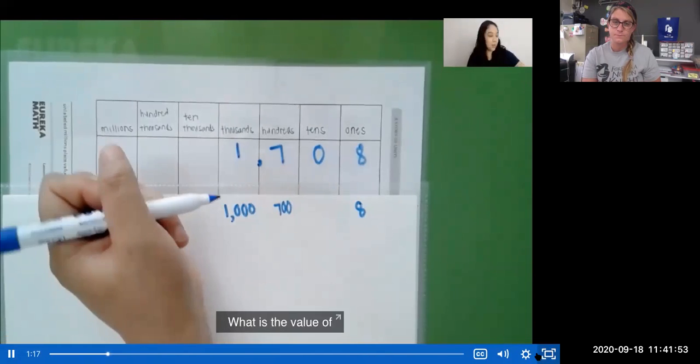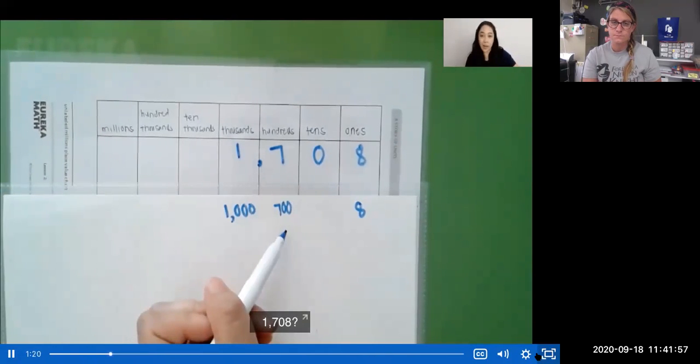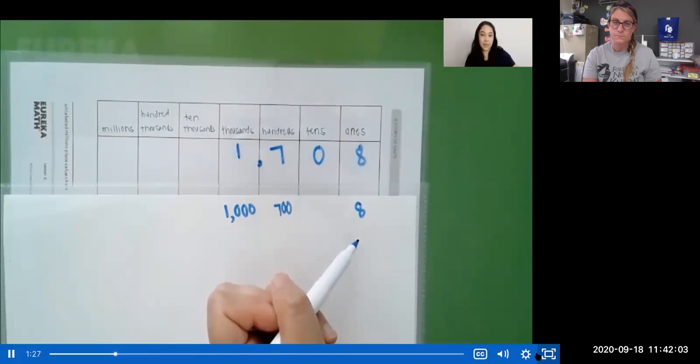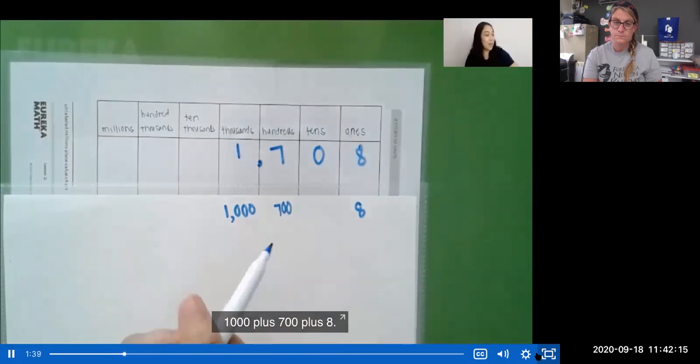What is the value of 1,708? The value is 1,708. So 1,708 is the same as 1,000 plus 700 plus 8.